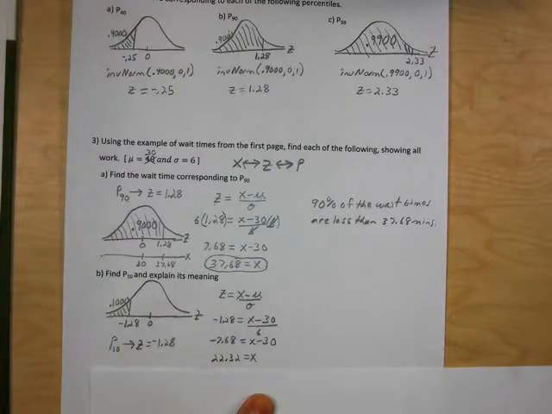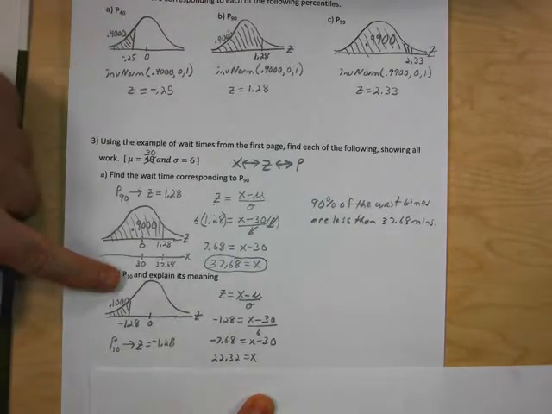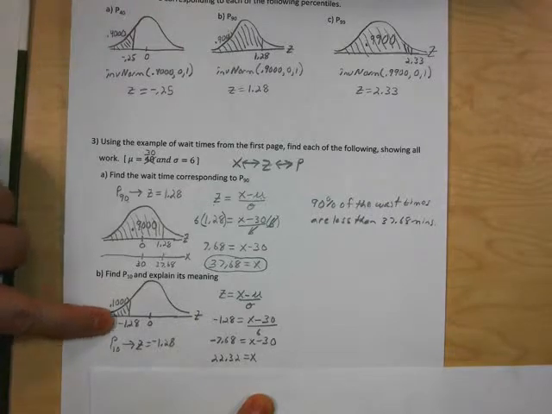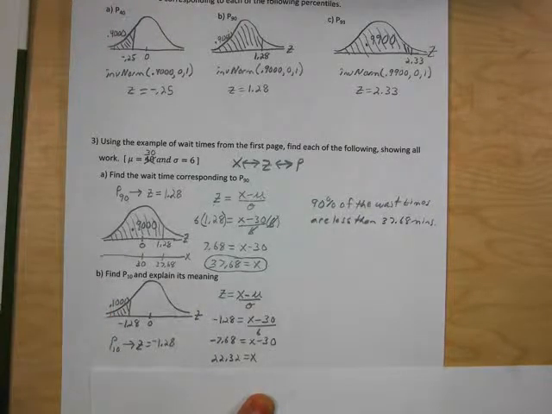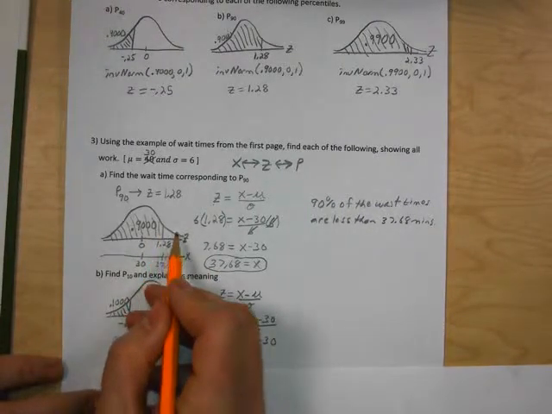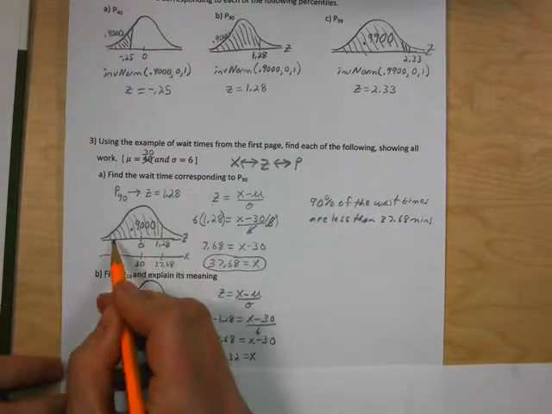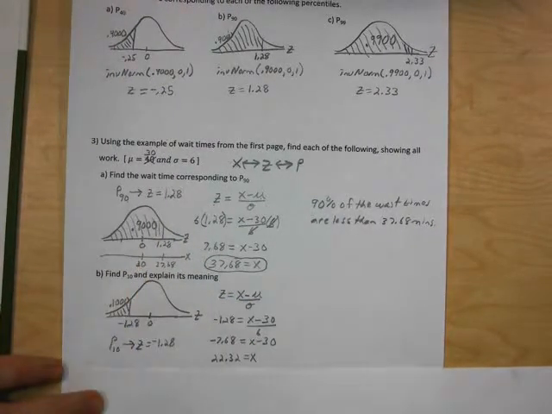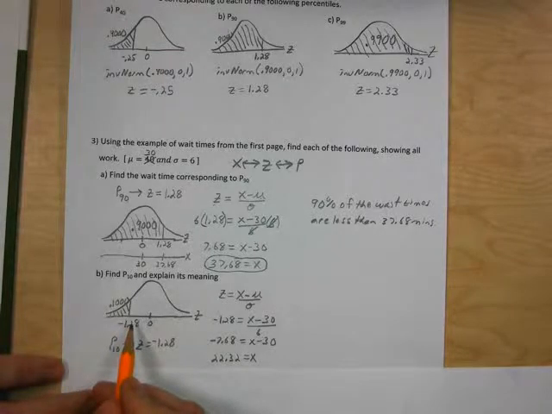Okay, on this one, you have 10% to the left, which is a z-score of negative 1.28. That should make sense because 10% is the complement of the bottom 90%. So that z-score will be the same, just on the other side, at negative 1.28.